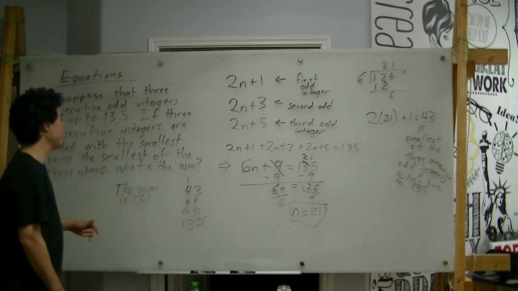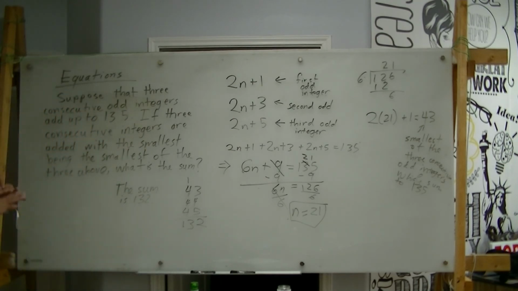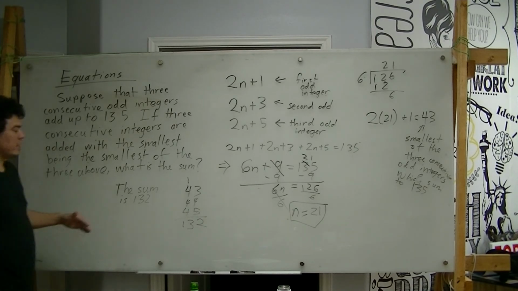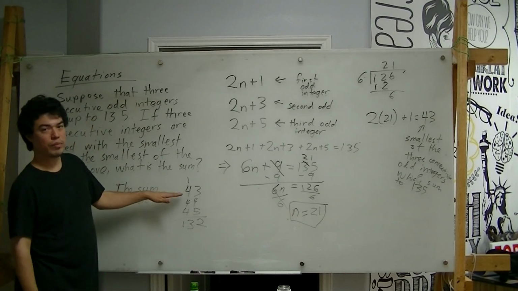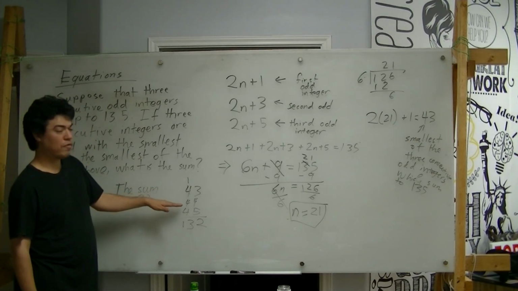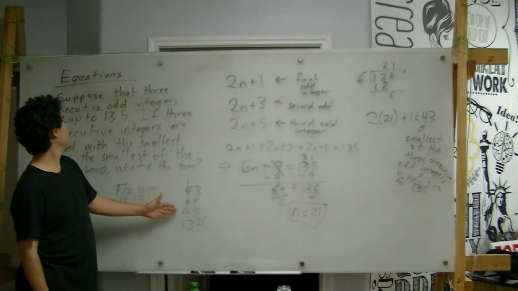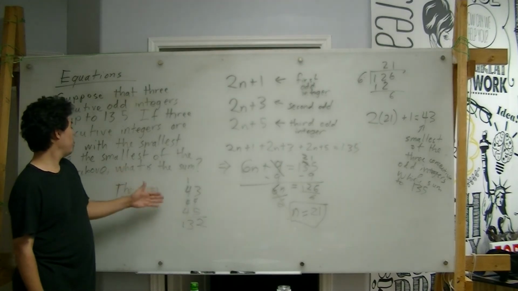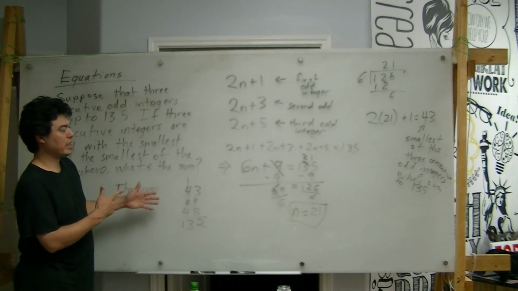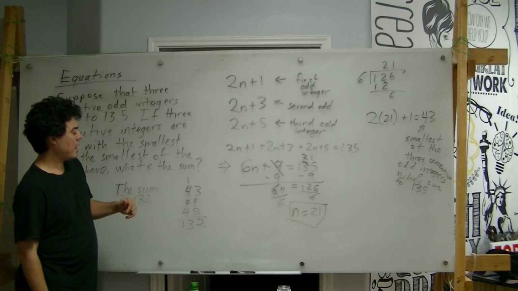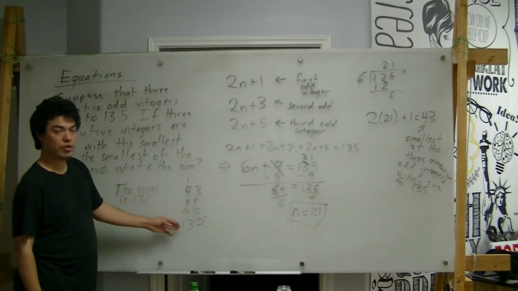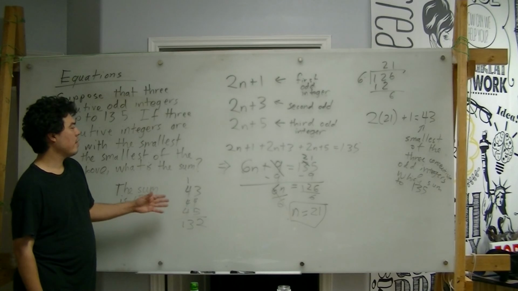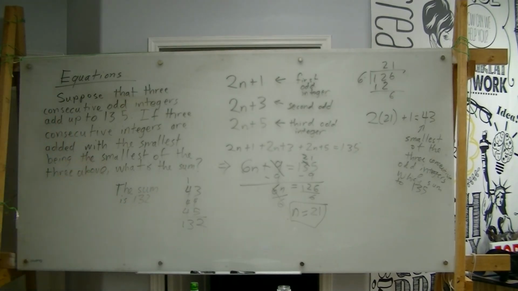It then follows that we can read the second part: if three consecutive integers are added, with the smallest being the smallest of the three above, what is the sum? So here we have the smallest of the three above, 43, and we have 44 and 45. These are our three consecutive integers, with the smallest one being the smallest of the three that we had originally calculated. And then we add them, and we get our sum, 132. And that is why that is the correct answer for this problem.